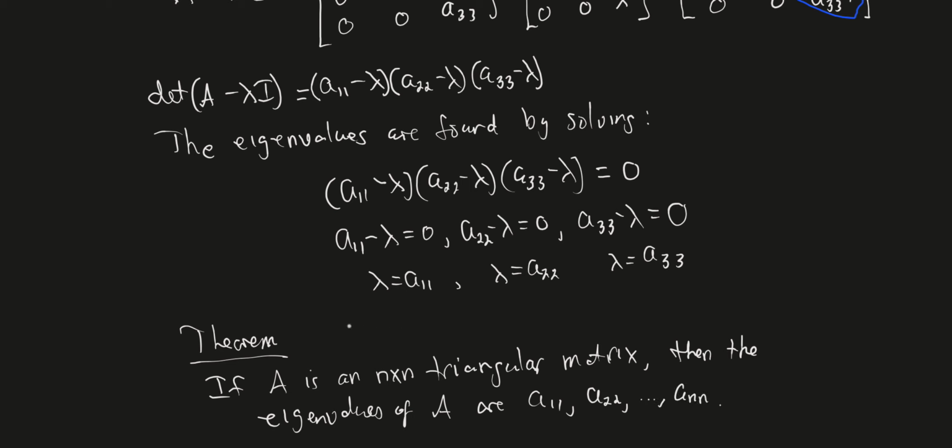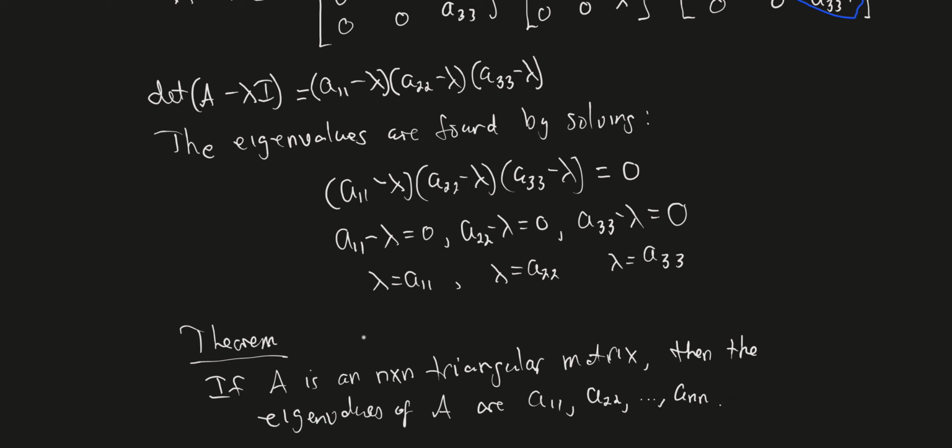So we don't even have to go through the problem of finding the characteristic polynomial. Once we recognize that our matrix is triangular, all we have to do is identify the entries on the main diagonal, and those are our eigenvalues. I mean, that's pretty convenient, right?